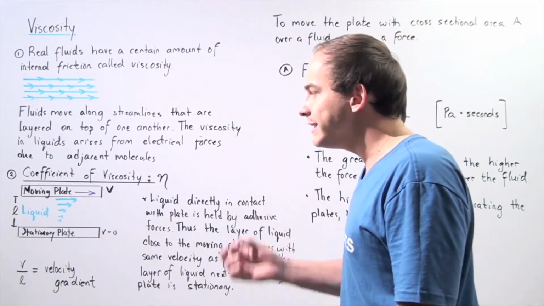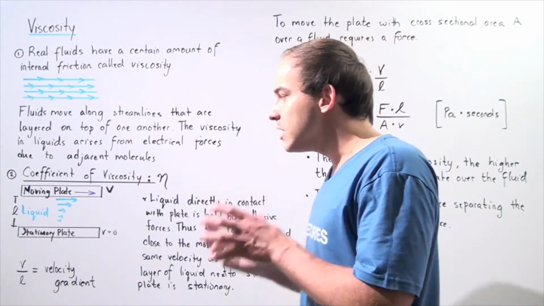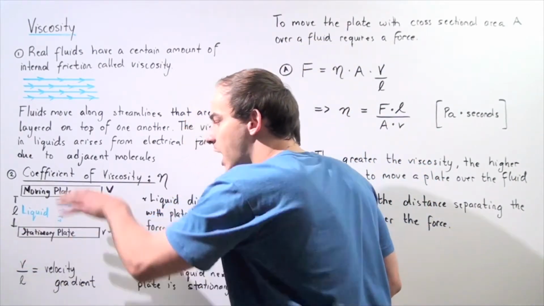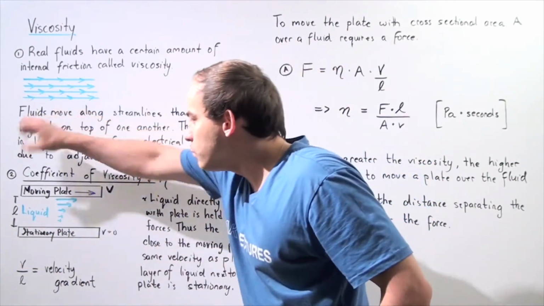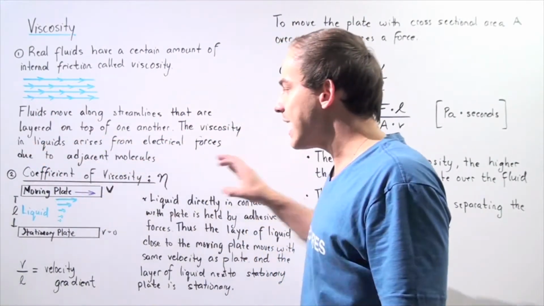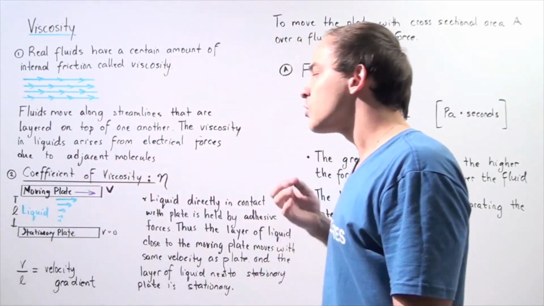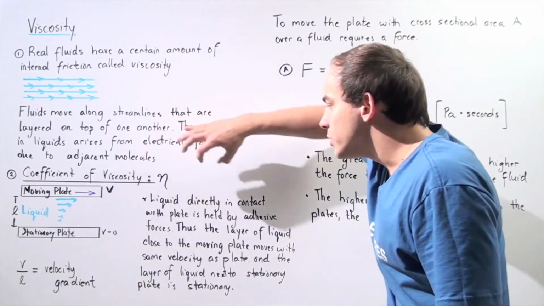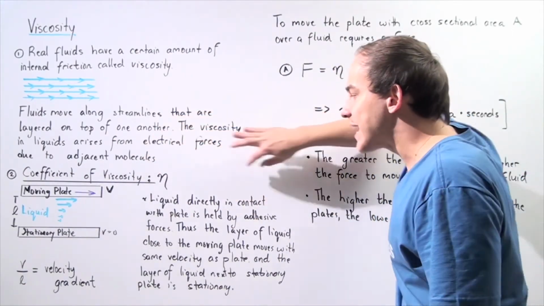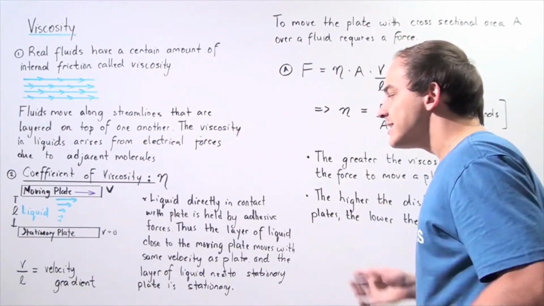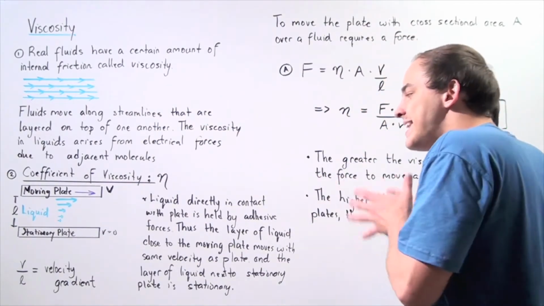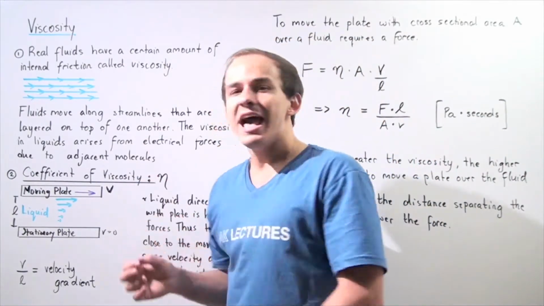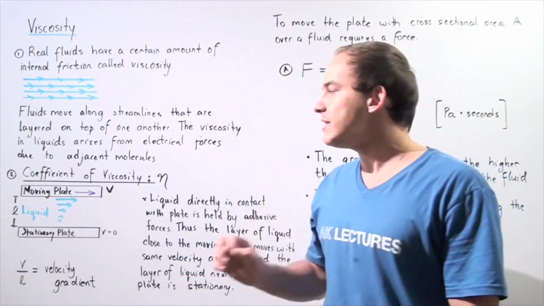Well, we define it in the following manner. Let's suppose we have a solid stationary plate on one side and a moving plate on the other side, and between these two plates we have some sort of liquid. Now, the liquid directly in contact with a plate is held by adhesive forces between the molecules found in the liquid and the molecules found in that solid.